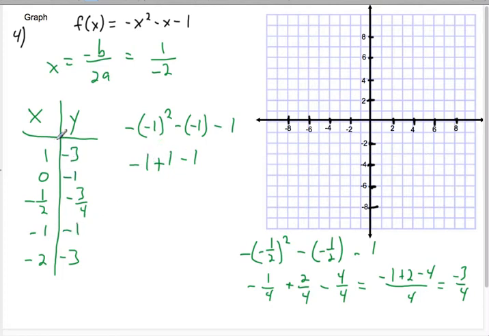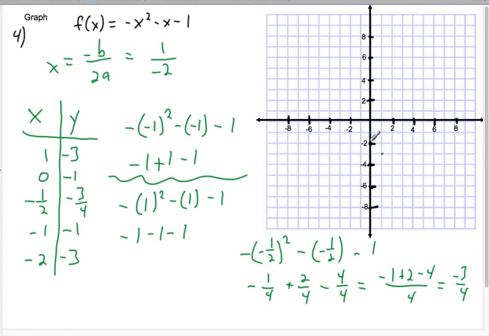I'll plug in 1 just to show you. So here's negative 1 squared minus 1 minus 1. So this ends up being negative 1 minus 1 minus 1, which is negative 3. That's right here. So graphing that, again, we expect it to look like an n. So 1, negative 3 here. 0, negative 1 would be right here.